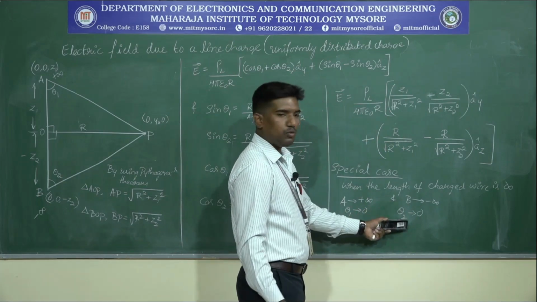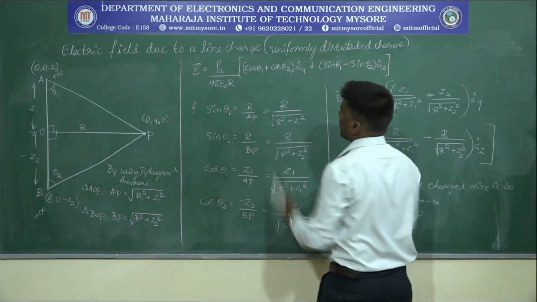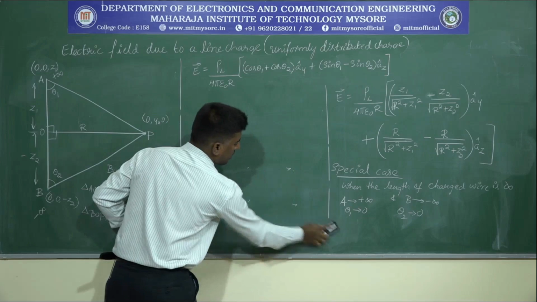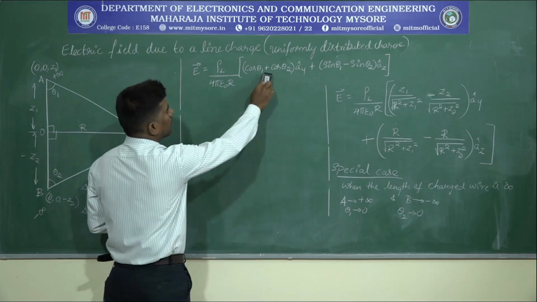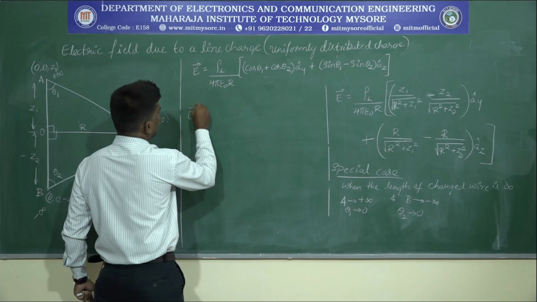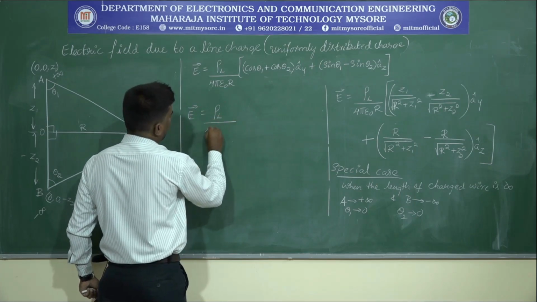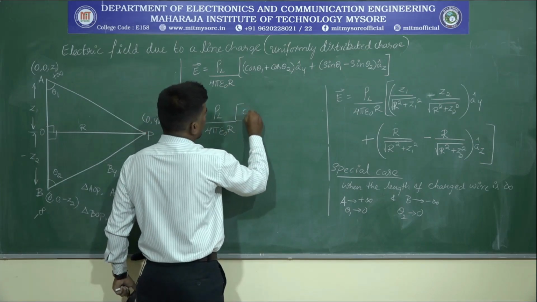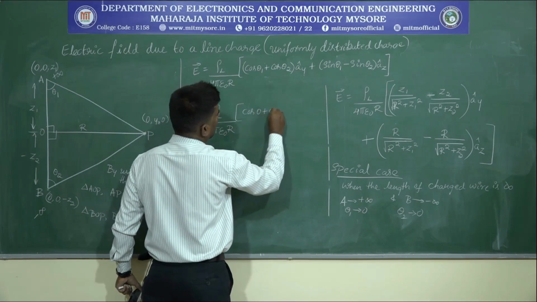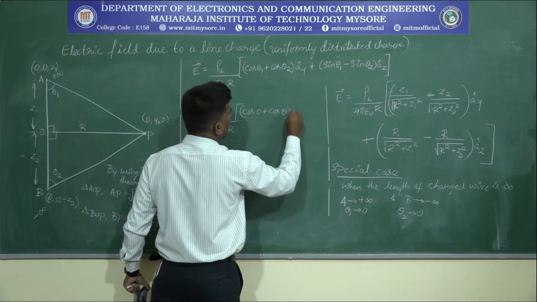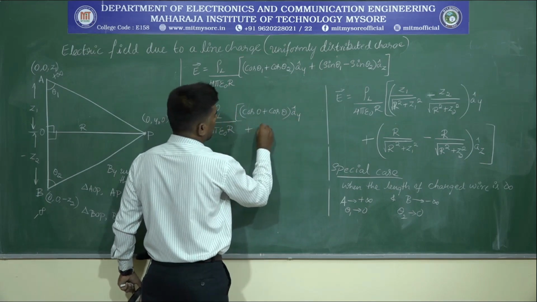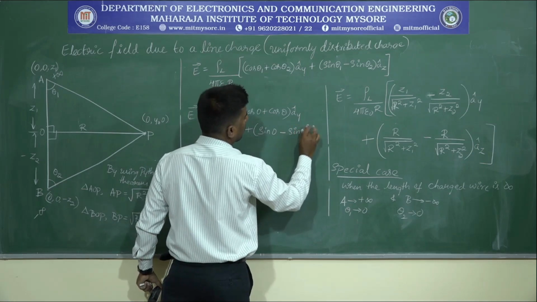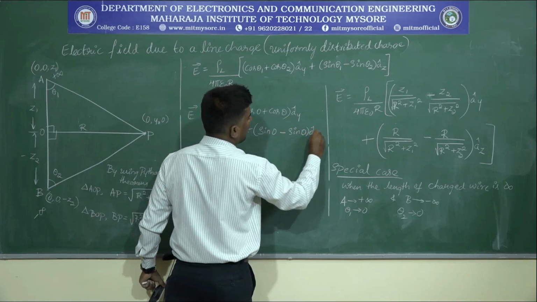Substituting theta 1 and theta 2 as 0 into the above equation, what will you get? Substituting theta 1 and theta 2 as 0 in the equation, E becomes rho L divided by 4 pi epsilon naught into R into cos 0 plus cos 0 into a cap y, plus sin 0 minus sin 0 into a cap z.